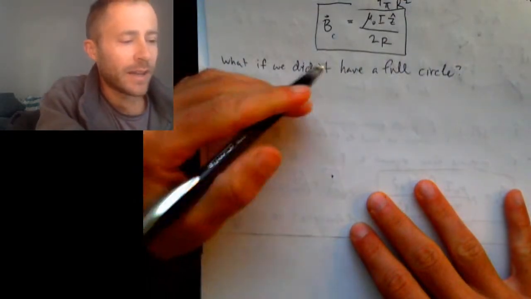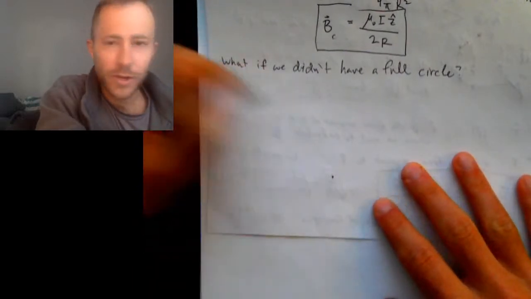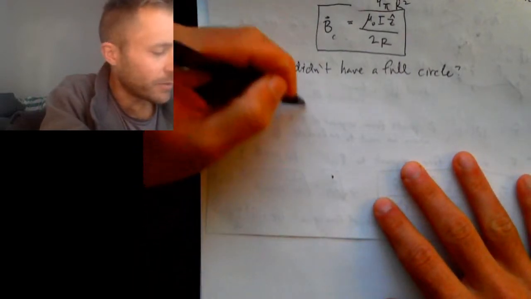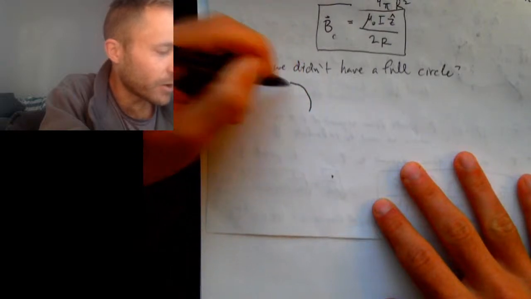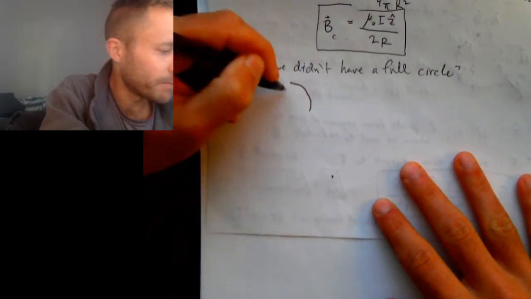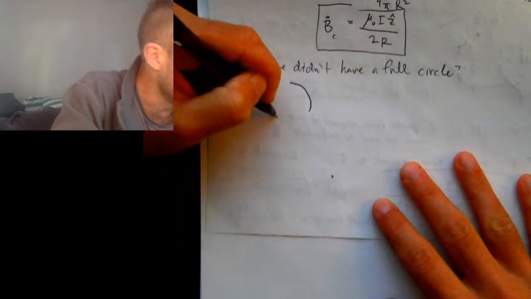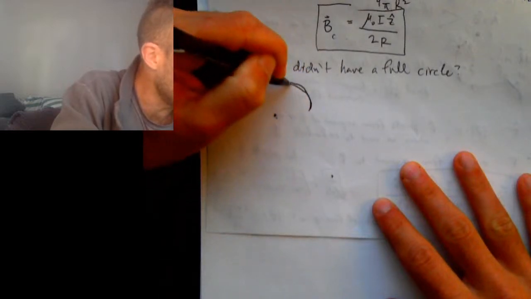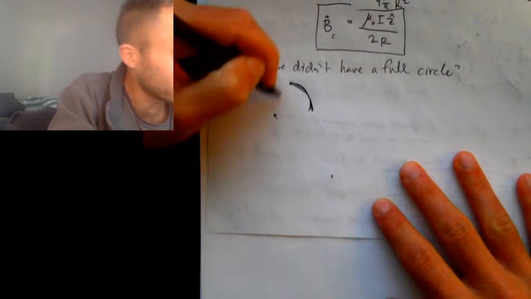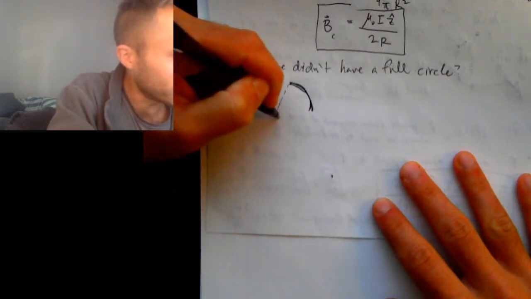Well, in that case, what if we had, I don't know, a circular arc of current? Here's the center of the arc. It's like a slice of pizza.